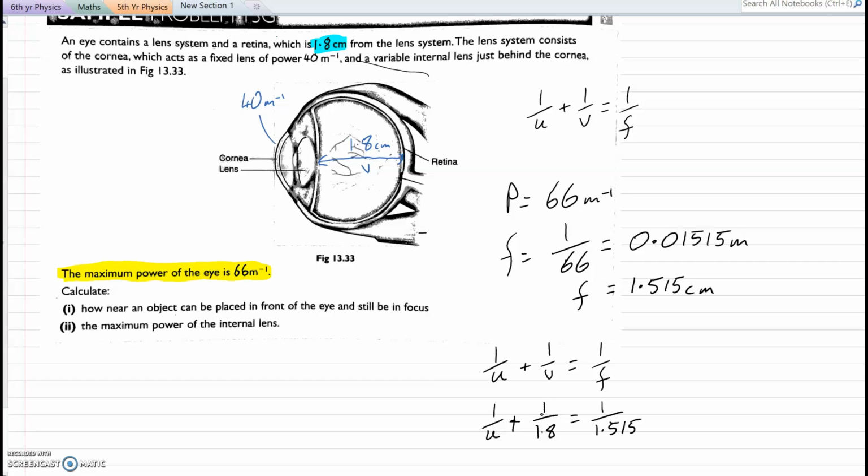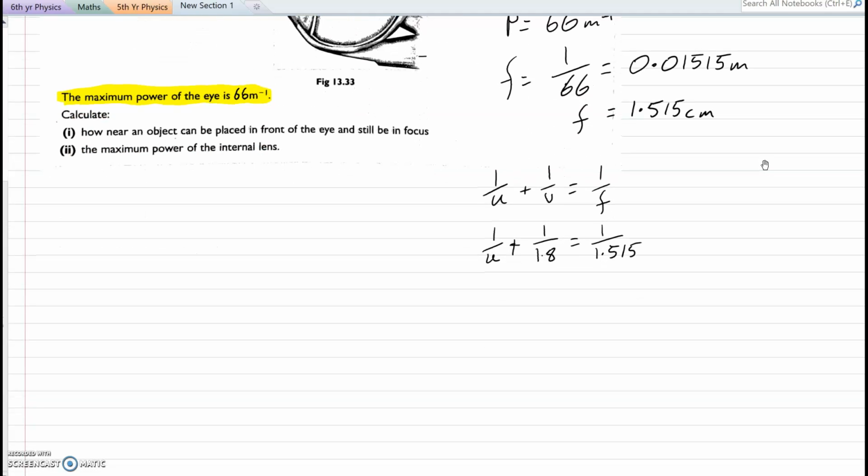So 1/u + 1/1.8 = 1/1.515. When we do this calculation, we get 1/u, and I think I got something around 35 over 342, and that gives you u then as 9.77 centimeters.